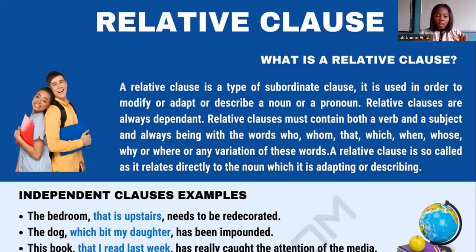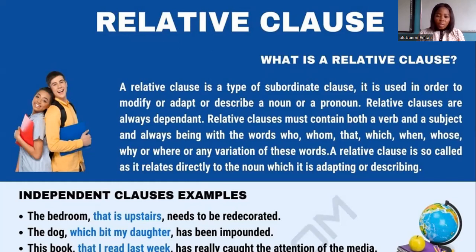If you check the structure of English grammar, you will notice that there's a hierarchy. At the lowest level of the grammar structure, you have the morpheme, and then ascending in order, you have the word, then the phrase, then the clause, and then the sentence.